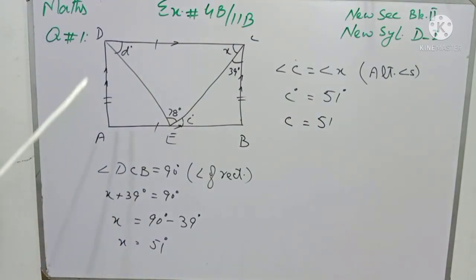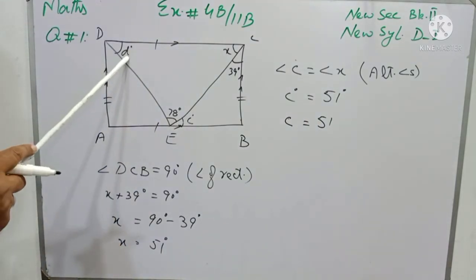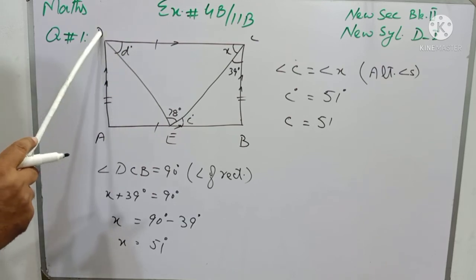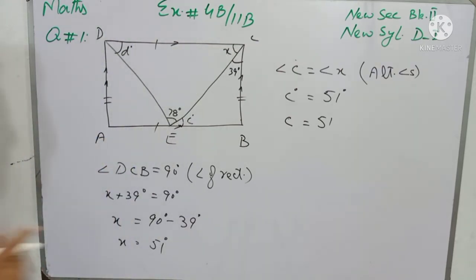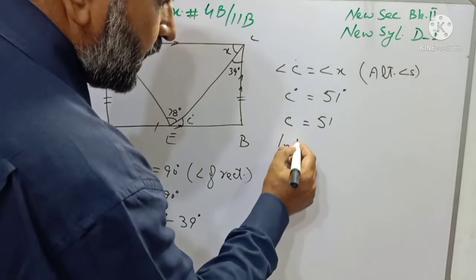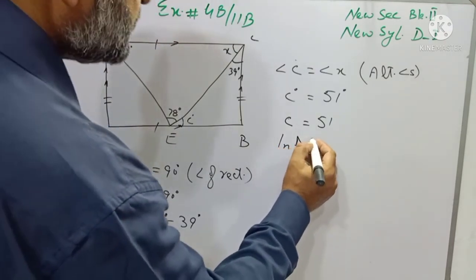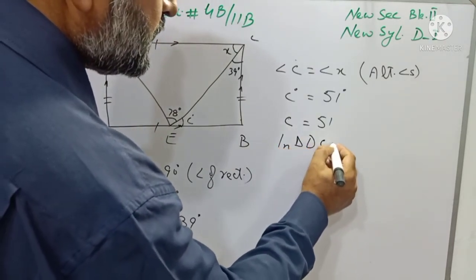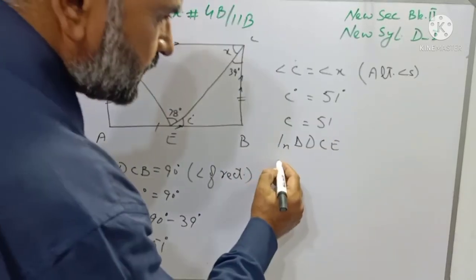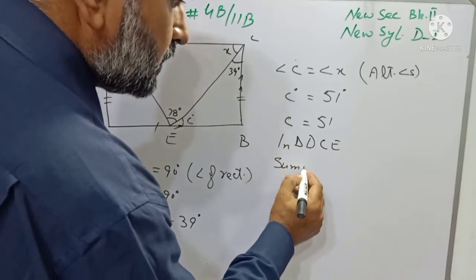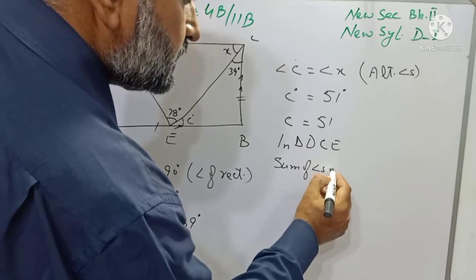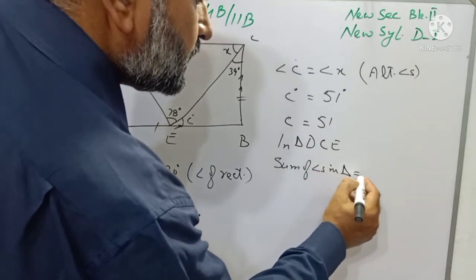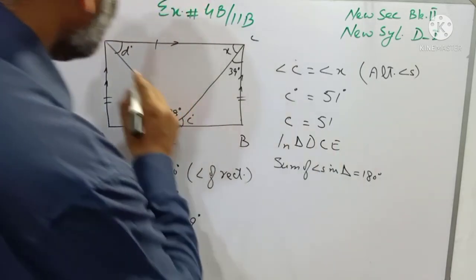Now students, for finding out the value of angle D, we will discuss triangle DCE, and it is written as: in triangle DCE, the sum of angles in a triangle is equal to 180 degrees.